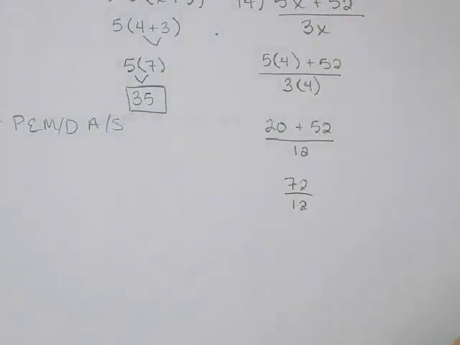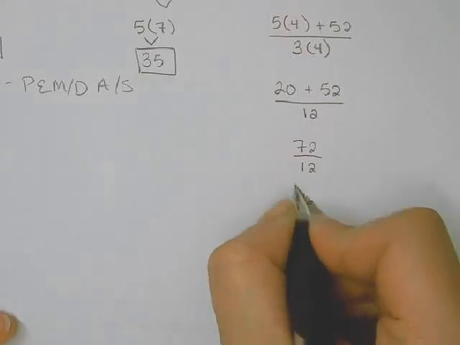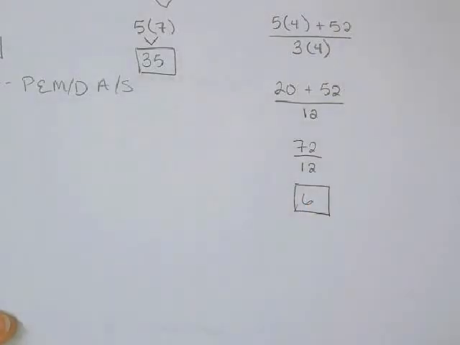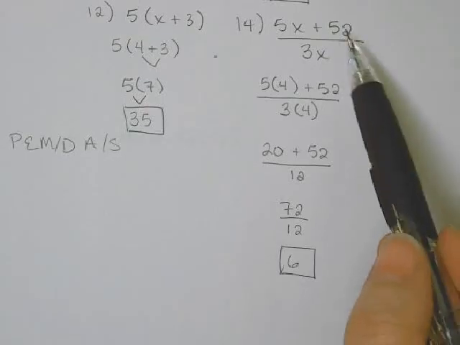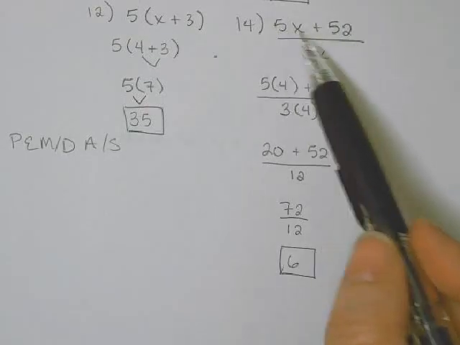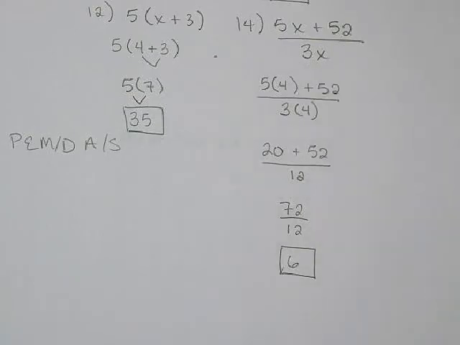And 72 divided by 12 gives me 6. And that is my answer. Keep in mind that when you have a division problem like this, you're basically doing the order of operations for the top and the bottom separately, and then you divide them. So you treat them as 2 separate expressions until you get to the very end.